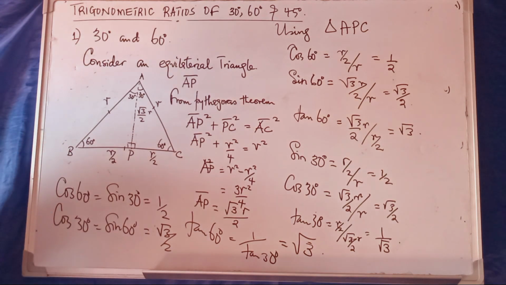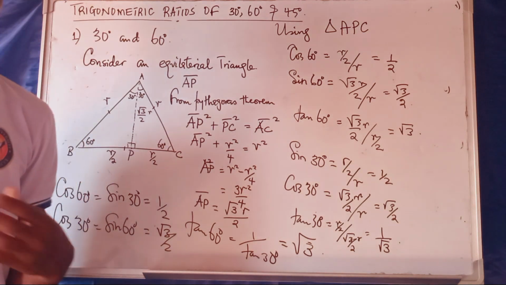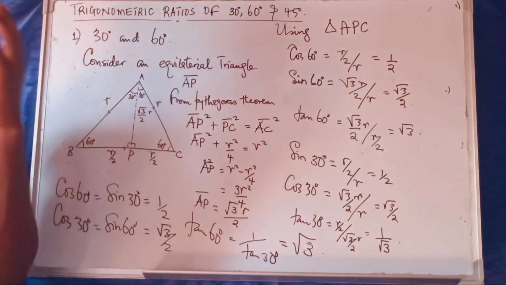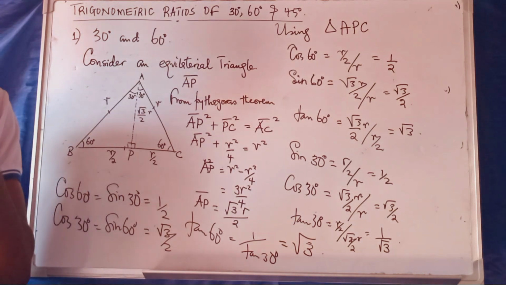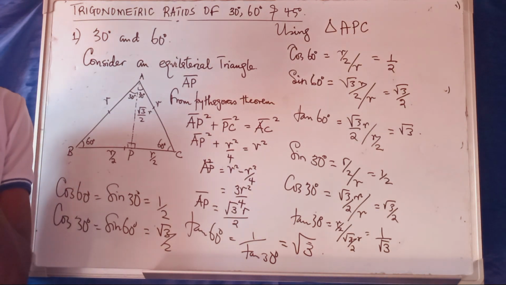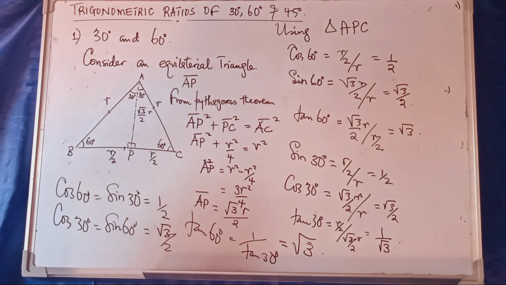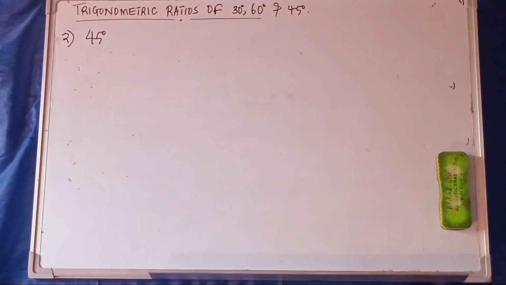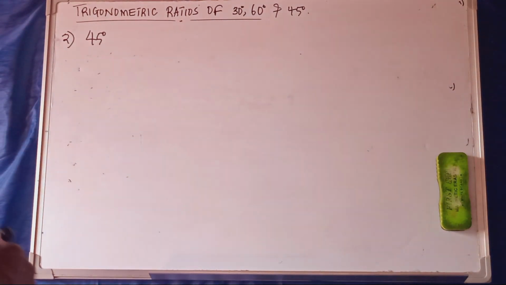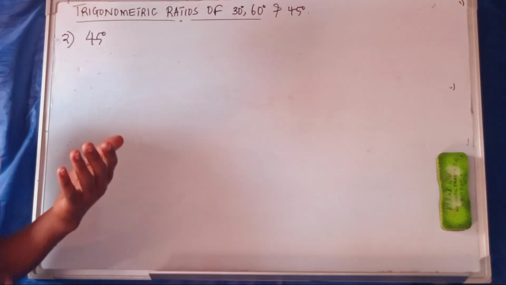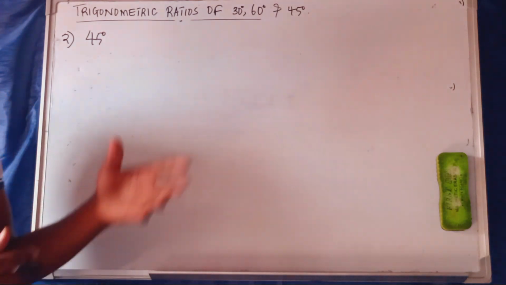So now we can talk about the ratios of 45. It is the same procedure that we follow, but this time we shall deal with an isosceles right-angled triangle. What does that mean? We have finished talking about the ratios of 30 and 60, and we have established the relationship between the two.